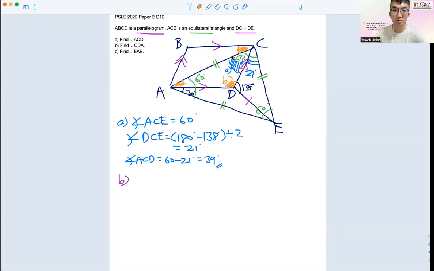This is actually alternate angles, but in fact, you can also make use of 60 minus 30 degrees to find angle CAD. CAD is 60 degrees minus 30 degrees, which equals 30 degrees. So angle CDA is 180 minus 30 degrees and minus A, which is 39 degrees, and you have 111. Wow, nice number. So that's the answer for B.